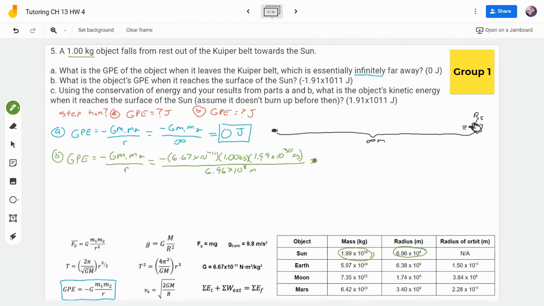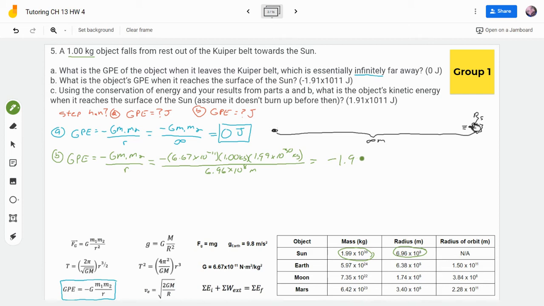So when I do this in the calculator, don't forget the minus at the beginning. That's important. Minus 6.67 EE minus 11 times 1.00 times 1.99 EE 30 divided by 6.96 EE 8. If you do all that, you get minus 1.907.